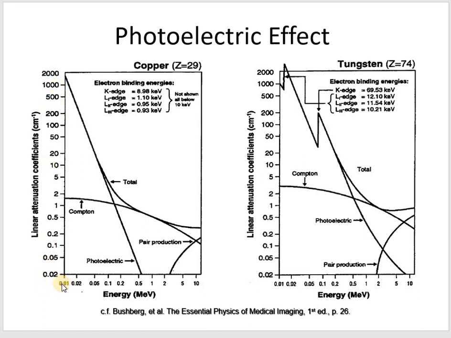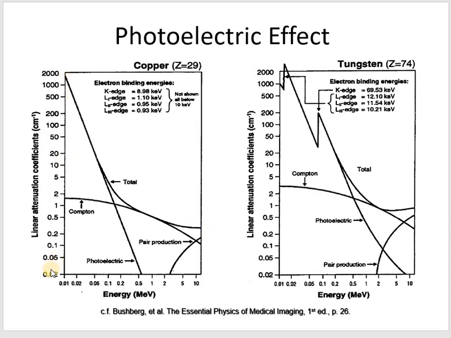Gamma photons at various energies, in the range from 10 keV up to 10 MeV, interacting with copper and tungsten. Photoelectric, Compton scattering, and pair production interactions occur. But in this particular section, we are going to look specifically at photoelectric interaction.